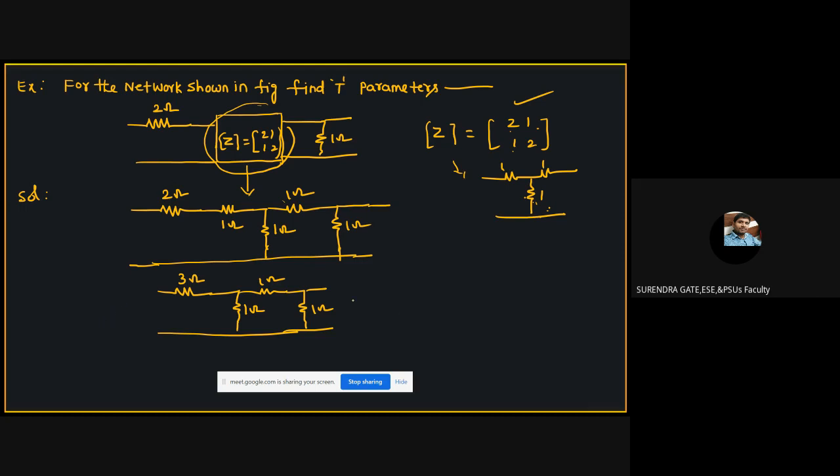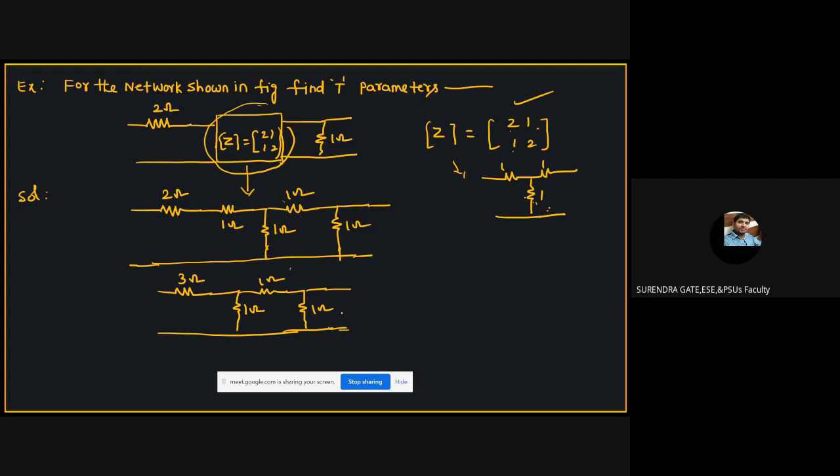Clear? Is it visible, students? Any problem? This I have the power cut. Is there any change in the brightness?